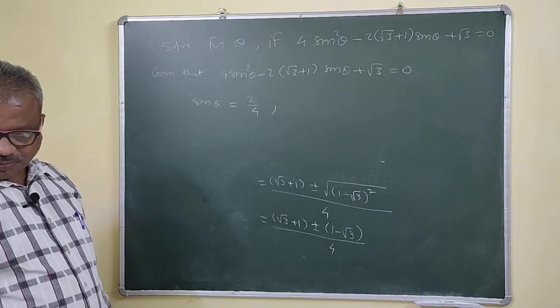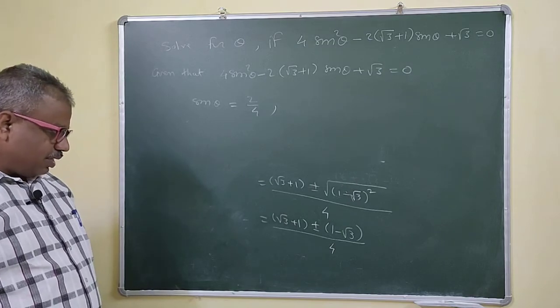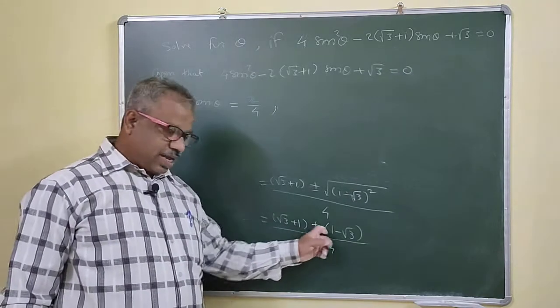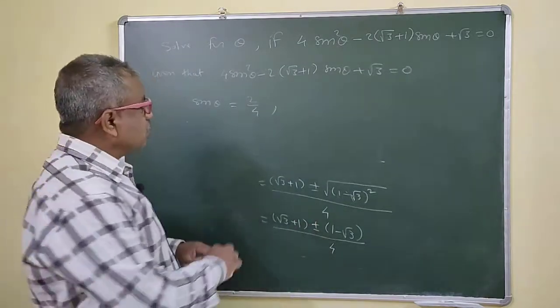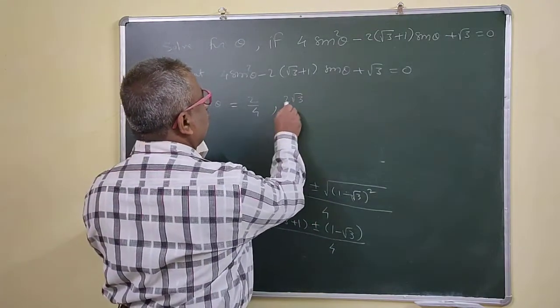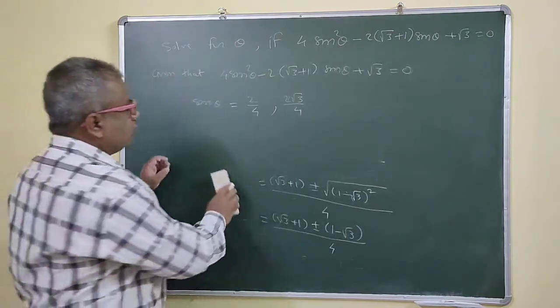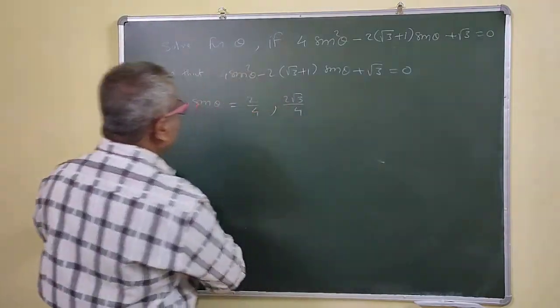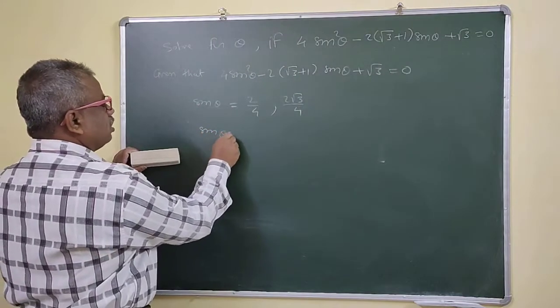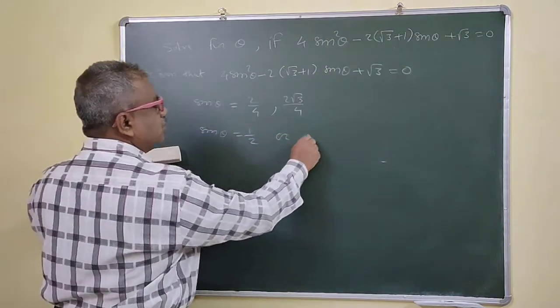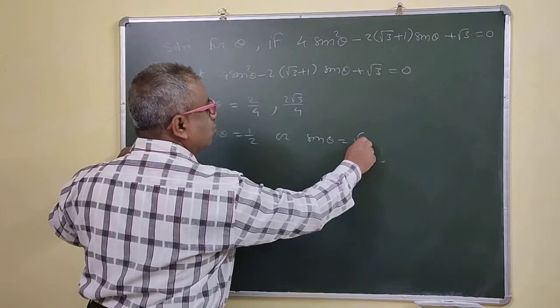If you consider the minus sign, then your 1 gets cancelled. Then this is 2 root 3 upon 4. Right? Okay. So now sin theta is equal to half, or sin theta is equal to root 3 by 2.